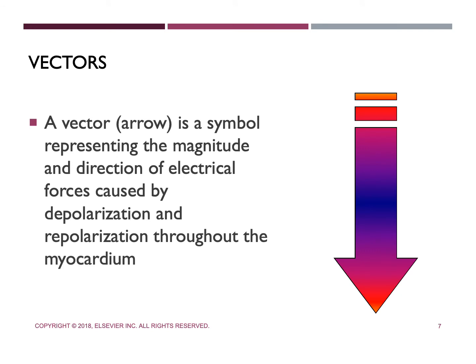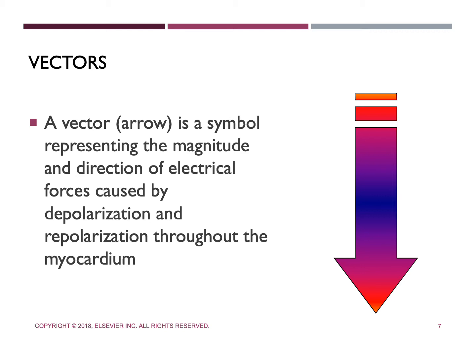So now we're going to get into vectors. First I want you to know that leads have a negative and a positive electrode pole that senses the magnitude and direction of the electrical force caused by the spread of waves of depolarization as well as repolarization throughout the myocardium.